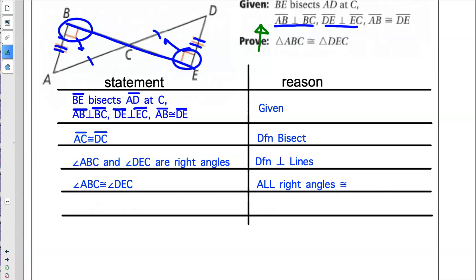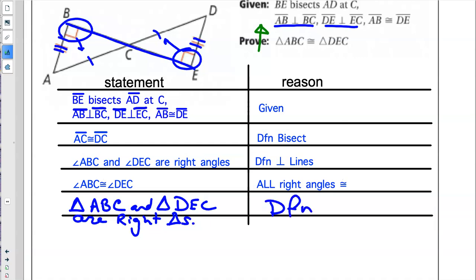So I know that triangle ABC and triangle DEC are right triangles. Okay, and that's by definition of right triangles.